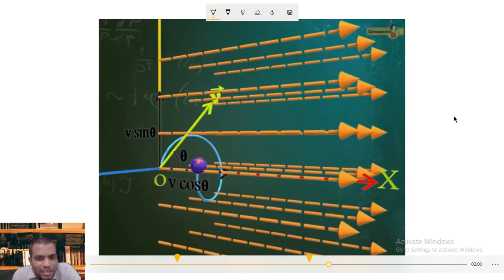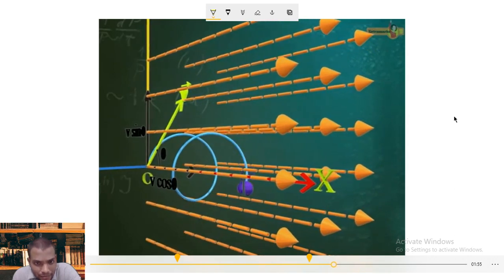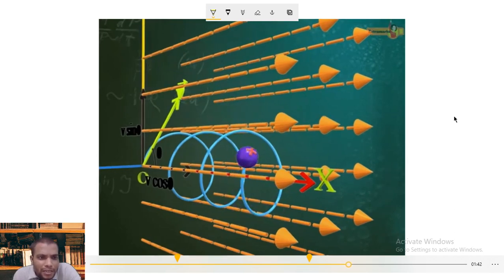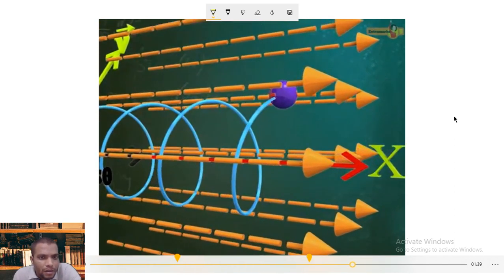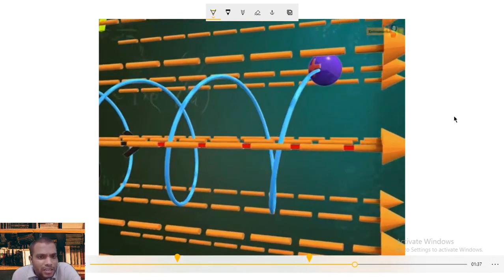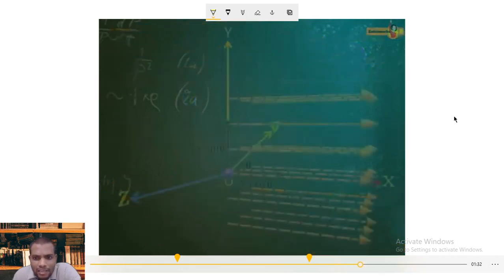Now here we can see the charged particle is not moving in a circle, it is moving in a helical path. We need to understand what could be the reason for this. Maybe it is the cause of a velocity component, either the horizontal or the vertical component.